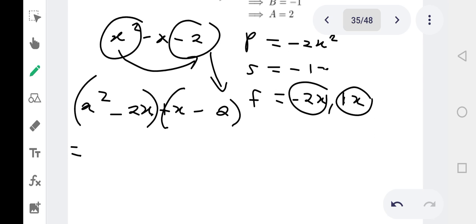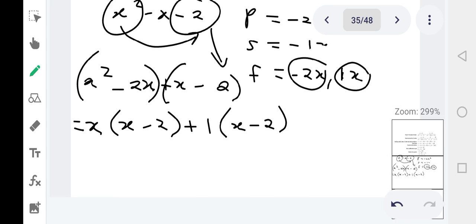What's the common factor here? The common factor is x. So we take out x, and we remain with x minus 2. What about there? What's the common factor there? Just 1, no other factor apart from 1. So we say positive 1 times x minus 2.